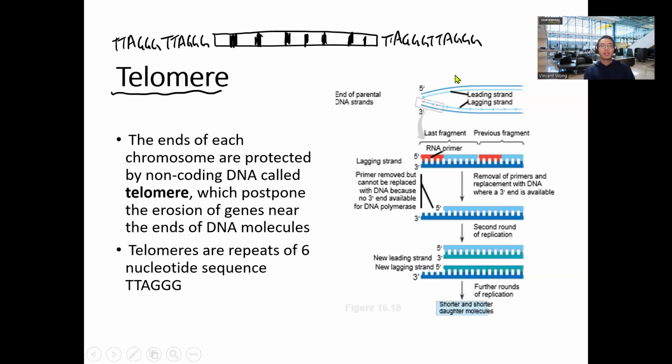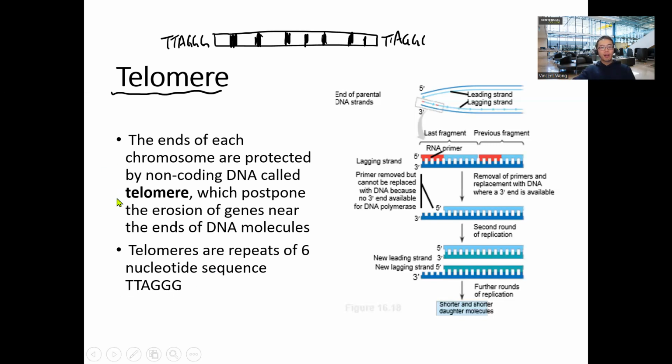So what happens when you do DNA replication? It gets shorter, but you will just be cutting off a little bit of your telomeres at a time. Next time you divide, you'll cut a little bit more, and then a little bit more. So you're not actually losing important genetic information. You're just cutting things at the end that don't really code for anything. You're just cutting off all these repeats of TTAGGG.